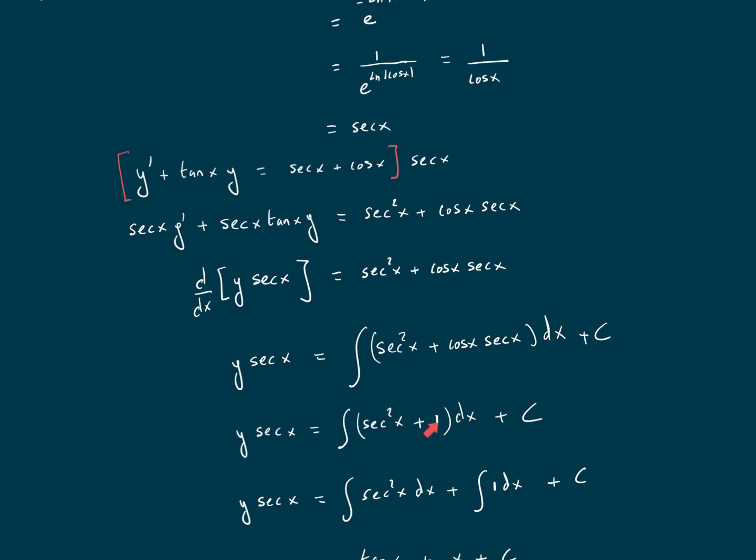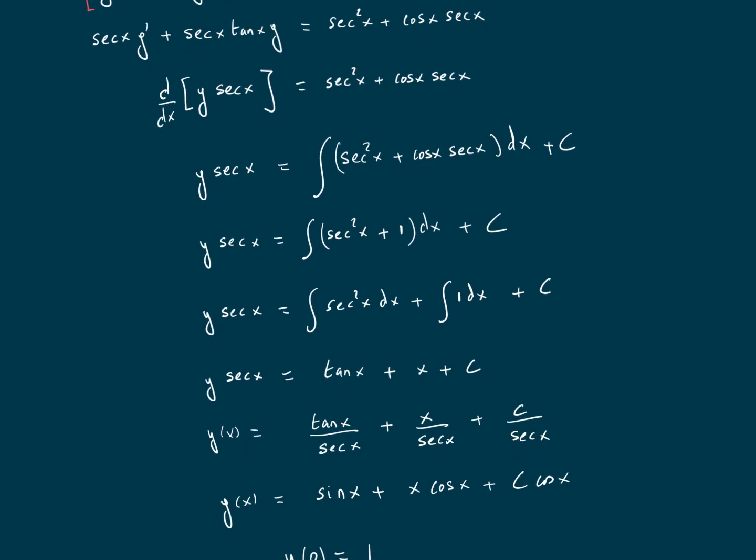So we have two integrals: the integral of secant squared of x dx plus the integral of 1 dx, plus c. What is the antiderivative of secant squared of x? Tangent of x, because the derivative of tangent of x is secant squared of x. And the antiderivative of 1 is x. So y secant x equals tangent of x plus x plus c.